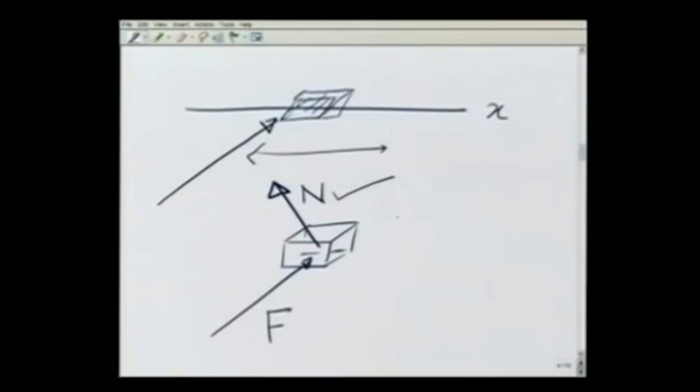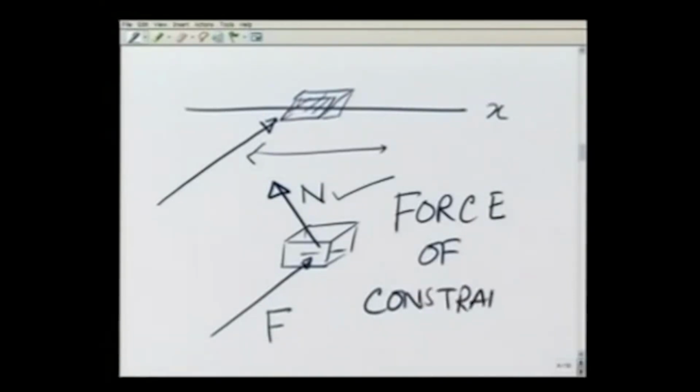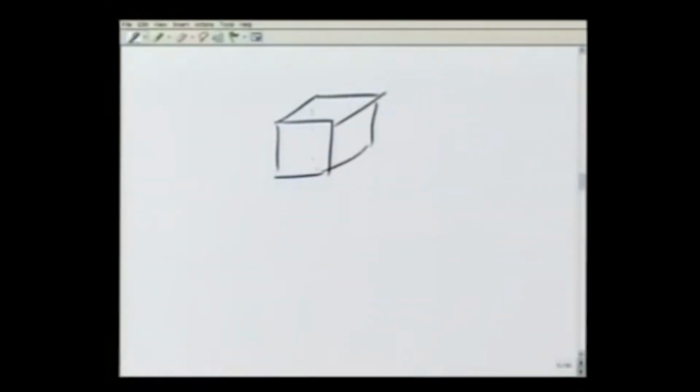This is called the force of constraint. To recap, the effect of this wire on this body is just to produce a force N, or a force of constraint. If you look at this body, I have replaced the wire by this force of constraint.